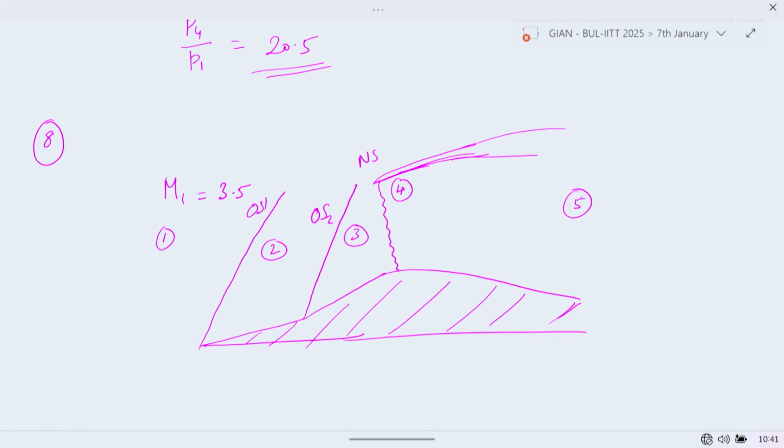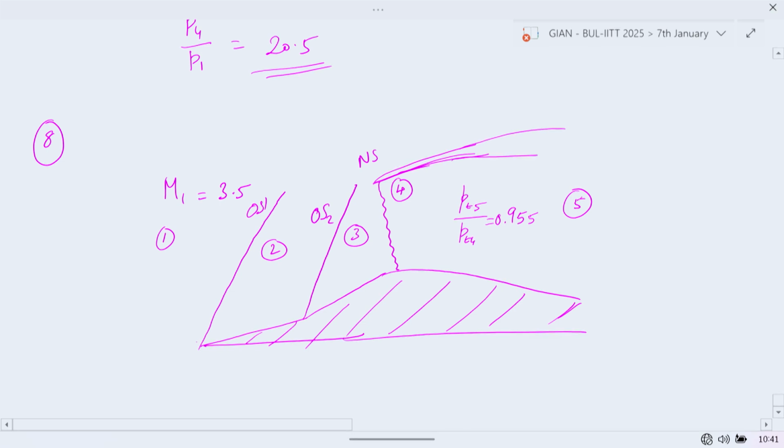Assume that the total pressure loss in the subsonic part of the diffuser is given: PT5 by PT4 is 0.955, so the loss is accounted as 4.5%.